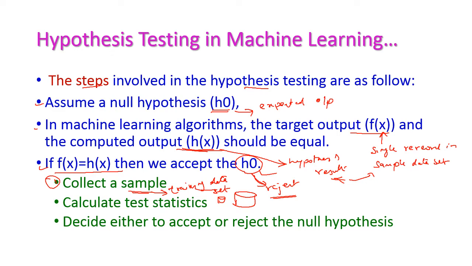Okay, that is called a sample here, and calculate the test statistics on this training data set, that is on the sample. After that, we have to decide whether to accept or reject the null hypothesis, H naught. So after performing all those things, we have to decide whether we can accept this null hypothesis or reject the null hypothesis. If f of x equal to h of x, then we can accept the h naught, that is null hypothesis. Otherwise, if there is any deviation, then we can reject the null hypothesis.